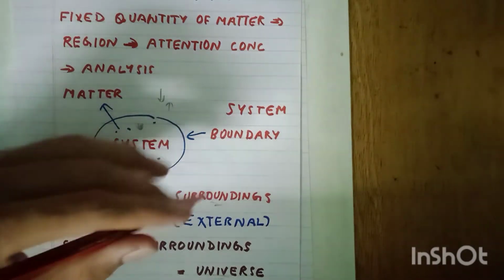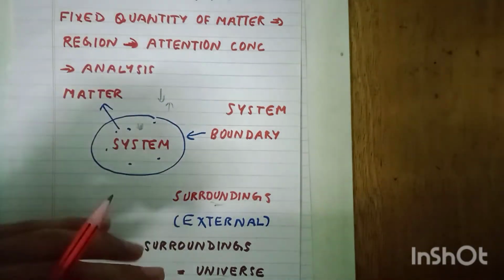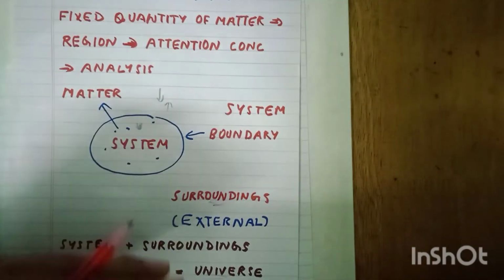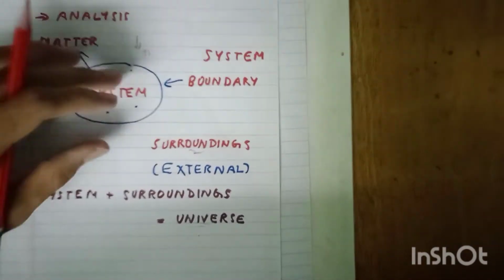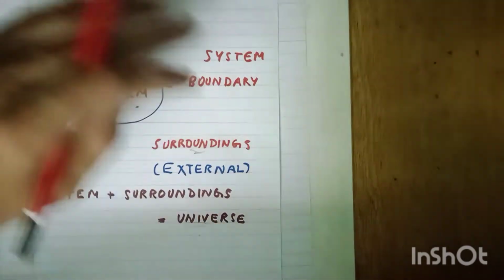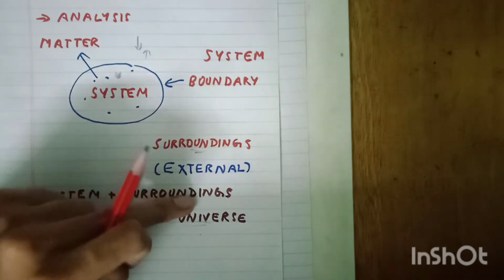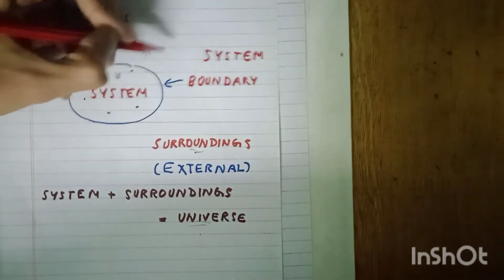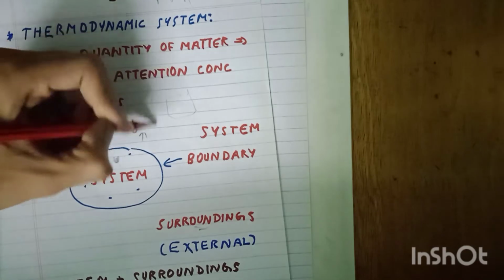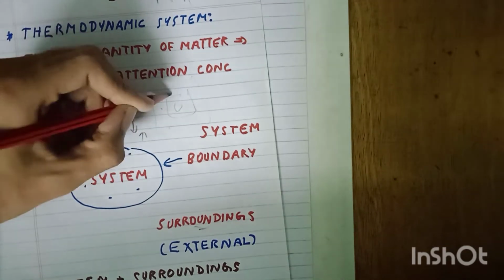Next, outside the system we consider the surroundings. The outside atmosphere or environment of the system is known as the surroundings, which are the external factors. For example, a compressor has a coolant jacket, and for many other things there is an environment such as air.